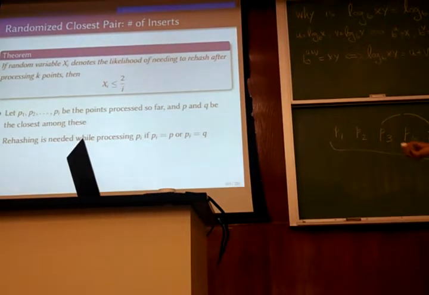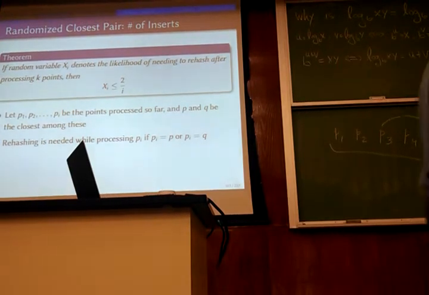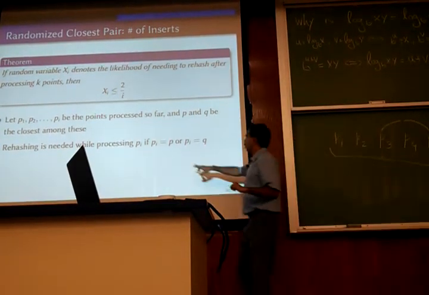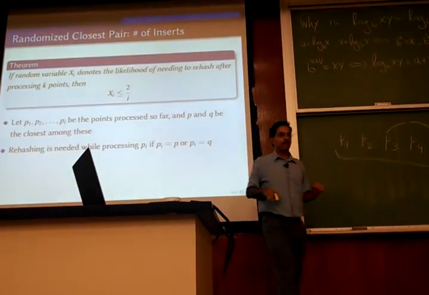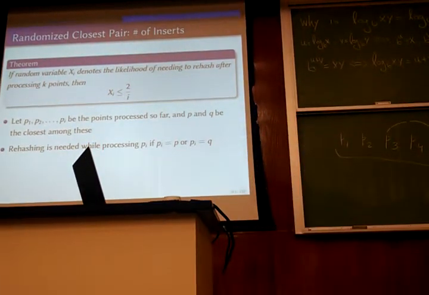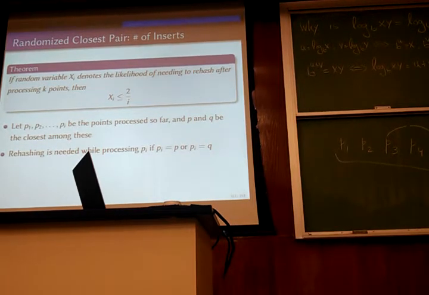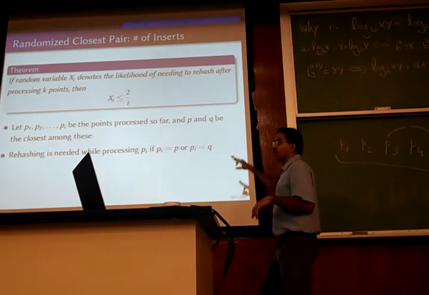So there's no need to rehash. That is what this is saying, right? So the last point you add, if it's one of the closest pair, then you will need to rehash. If it's not one of the closest pairs, then you don't need to rehash. Okay? Now what's the probability that Pi is one of the two?